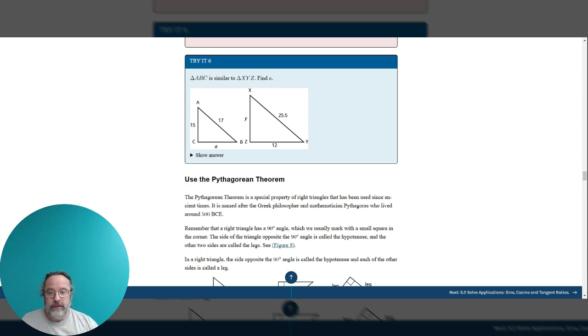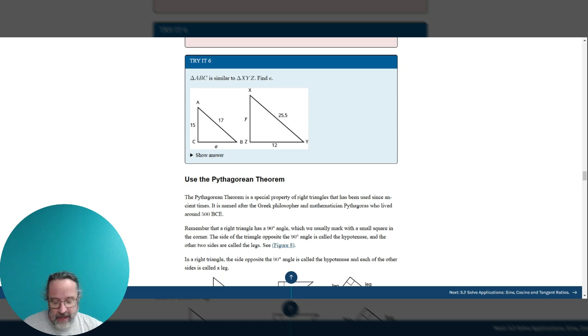Triangle ABC is similar to triangle XYZ. Find A. All right, let's find a ratio here. What do we know on both sides? We know 17 to 25.5. So let's calculate what the ratio is. Those are the hypotenuse.